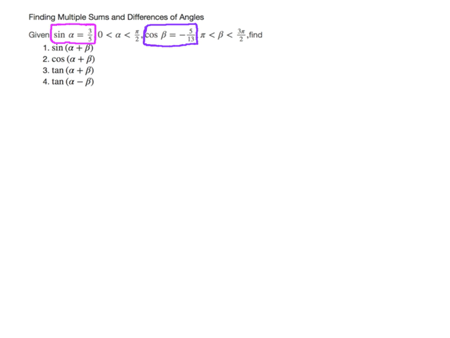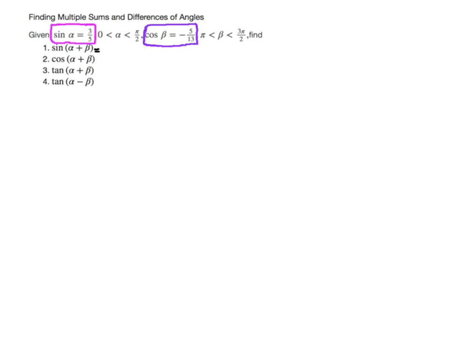So we need to figure out what the missing values are. Because we have tangent down at the bottom of alpha and beta, and in our formulas, let me just go ahead and write the formulas out next to each of these so we have them to look at.